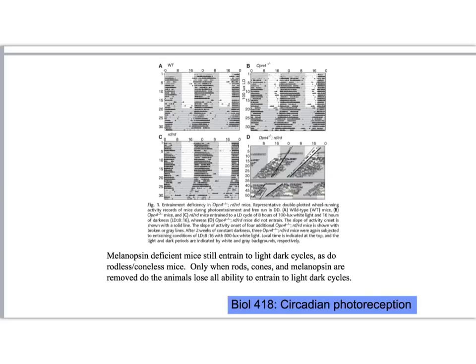So the next experiment, obviously, as you probably imagine, was to use double mutants and to both knock out melanopsin or knock out rods and cones, and this is one mutation that leads to the degeneration of both rods and cones, or do both. And in these animals, if this was the original retina, the wild type would look like this.